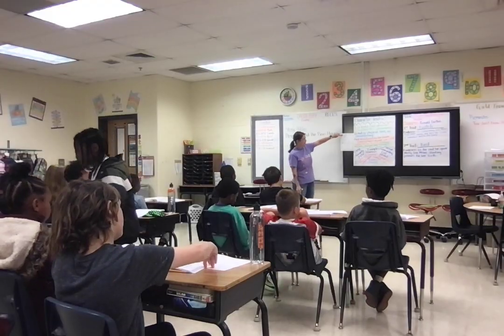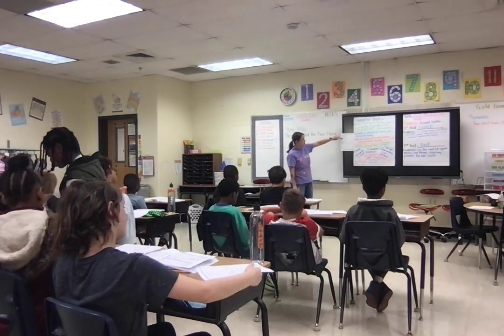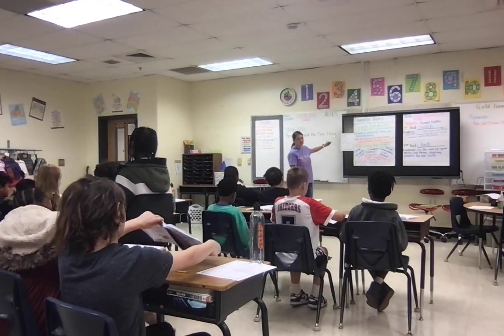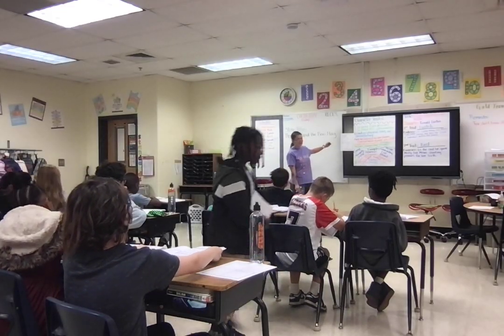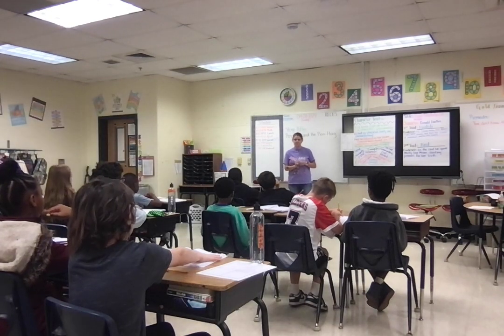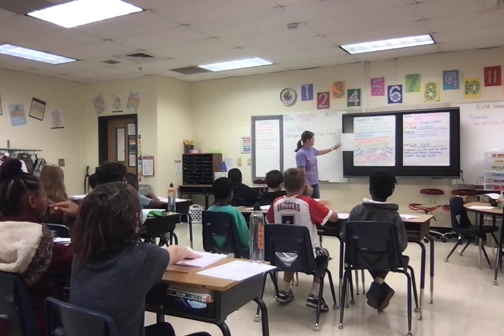Paper. You can write your name where it says name. You can write the story. Your voice is off, please. Your eyes are on me. You're waiting for directions. 1, 2, 3, eyes on me. 4, 5, 6, our eyes on this.